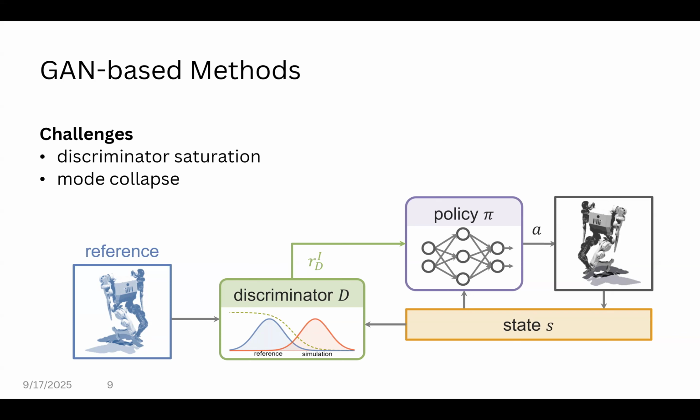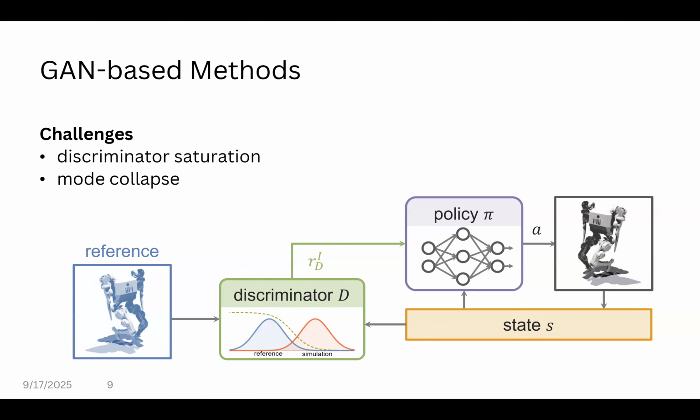If you train everything from scratch, at the beginning, while your reference motion is already doing a backflip, your robot cannot even stand. So it makes it very easy for the discriminator to distinguish: this transition is from the reference motion and this transition is from the robot, right? When the discriminator is very strong, the reward signal that the policy receives is really not informative. The policy doesn't see a way to convince the discriminator anymore, so the policy doesn't learn anything. This is the discriminator saturation problem we're talking about.